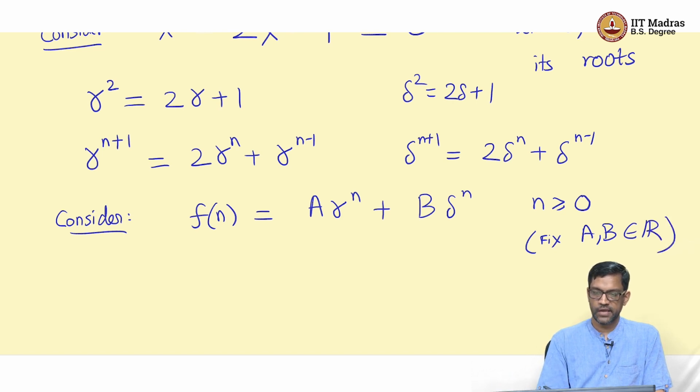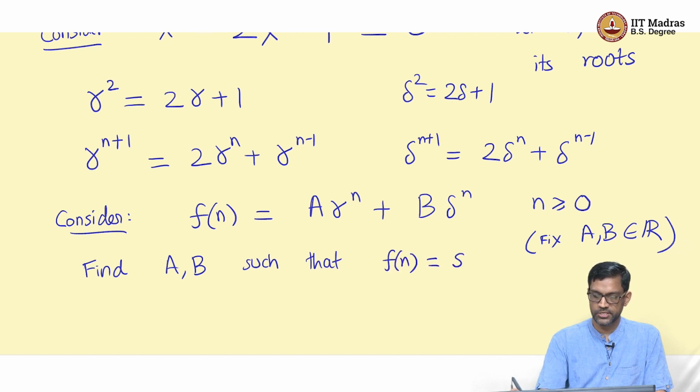So far we are just copying the same analysis as before. The goal now is to find constants a, b such that f of n will exactly match the given sequence Sn for all n greater than or equal to 0.